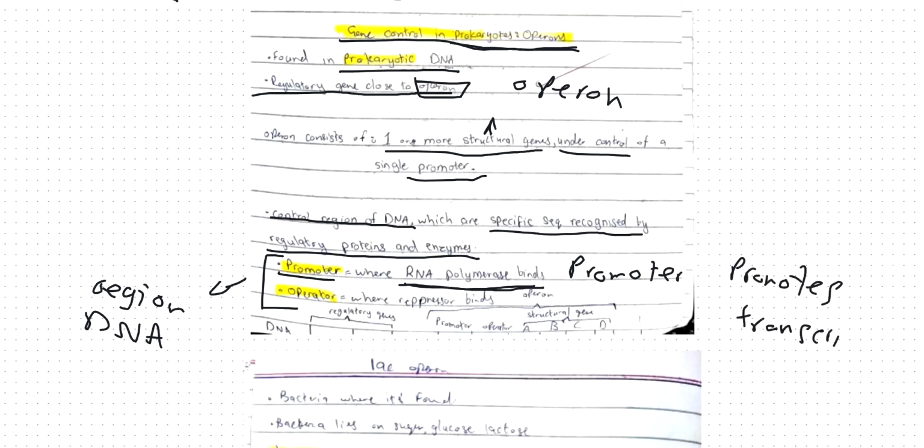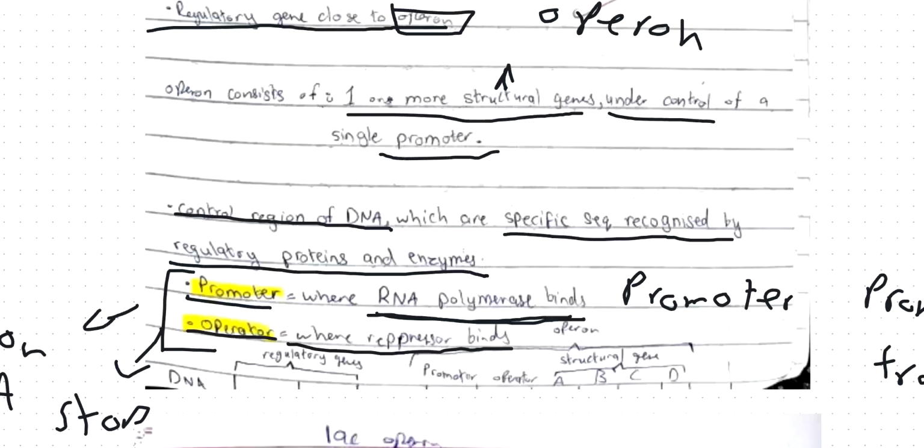But the operator is where the repressor protein binds. So an operator stops DNA transcription. So promoter promotes, operator stops. I don't think you can see it, but let me try. So this is the DNA sequence.